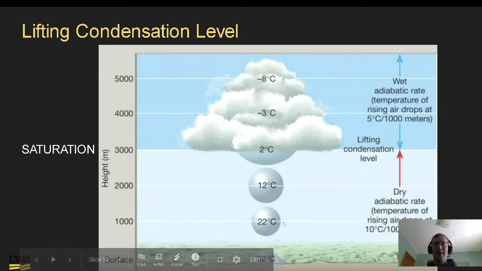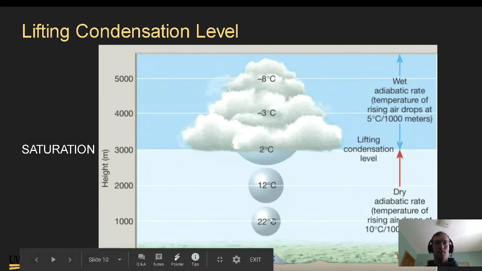When it does that, it cools. In this example, we're assuming that the initial parcel had less than 100% relative humidity. So we use the dry adiabatic rate of 10 degrees C for every kilometer, or every 1,000 meters. So we go from 32 degrees C down to 22.